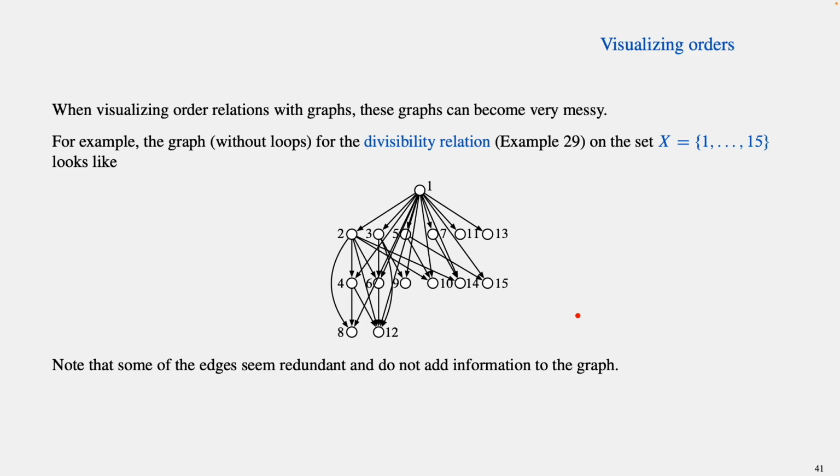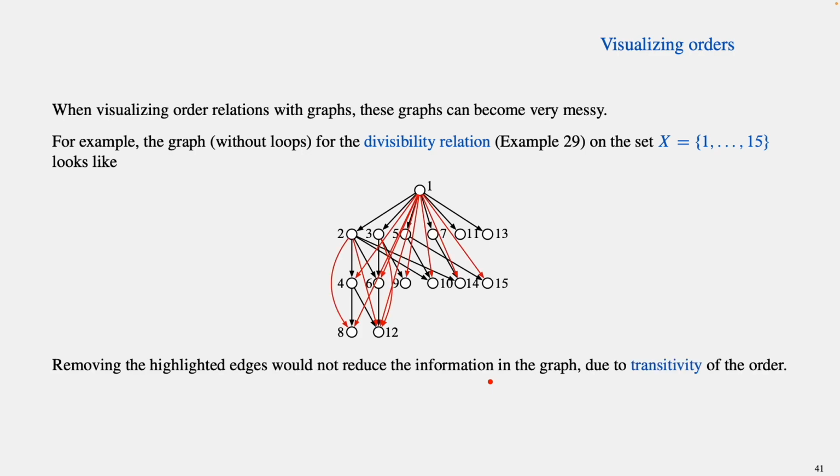Now, obviously, a lot of the edges seem redundant here because they don't add information to the graph. And removing all of the highlighted edges here would not reduce the information in the graph due to the transitivity of the order. So, for example, this edge here from 2 to 8 could be recovered by simply taking these 2 edges here. That's the transitivity.